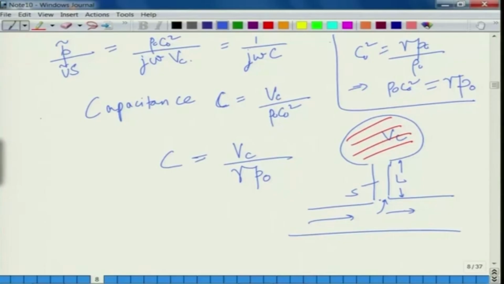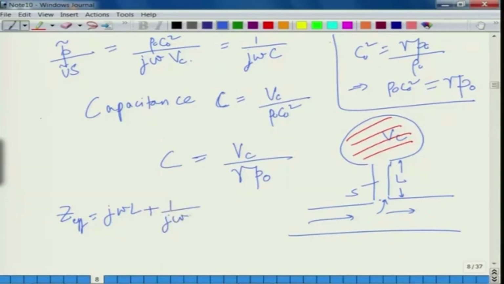So, the question that we are asking is what is the net impedance seen. Clearly, j omega L and 1 divided by j omega C will act in series. So, the effective impedance is as simple as adding up the two individual impedances.